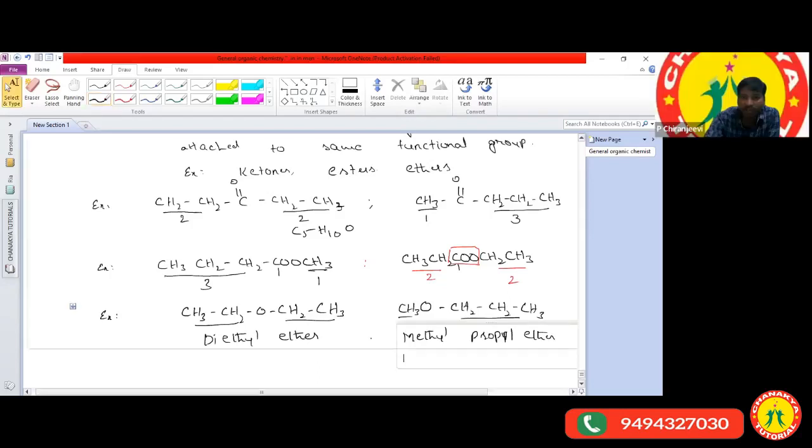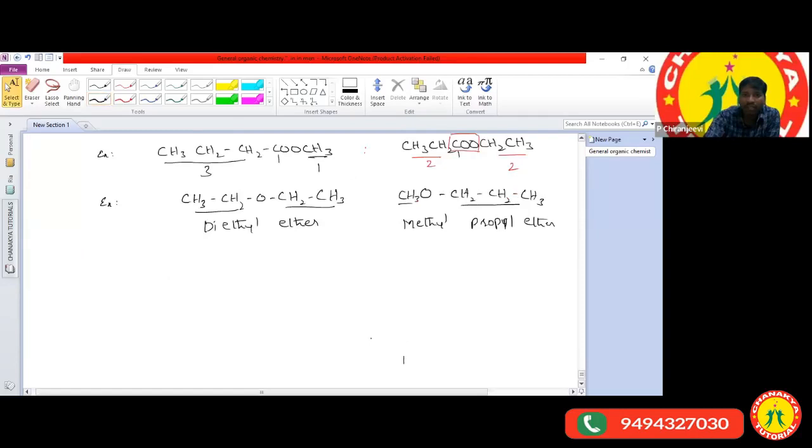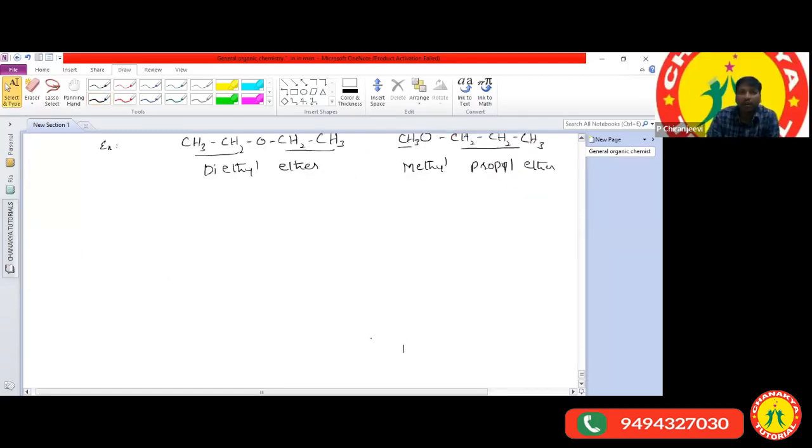So next, what is the next isomerism we have here? Tautomerism. This one is very important for JEE and advanced level.